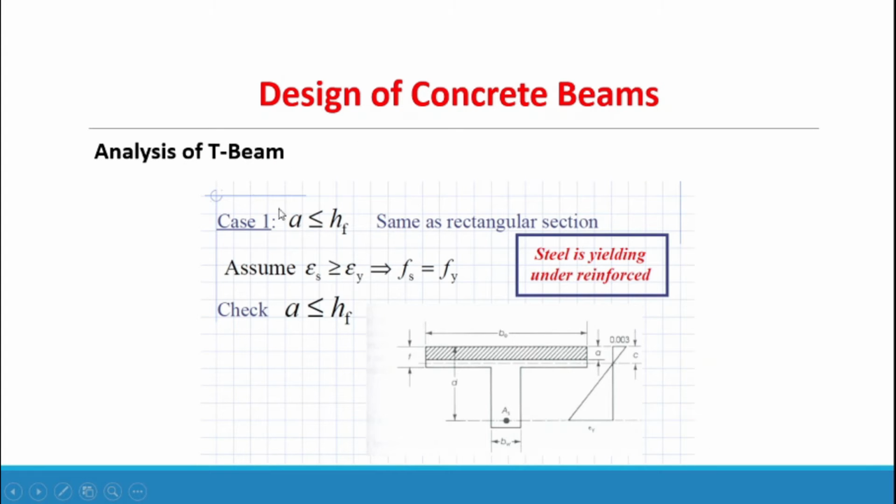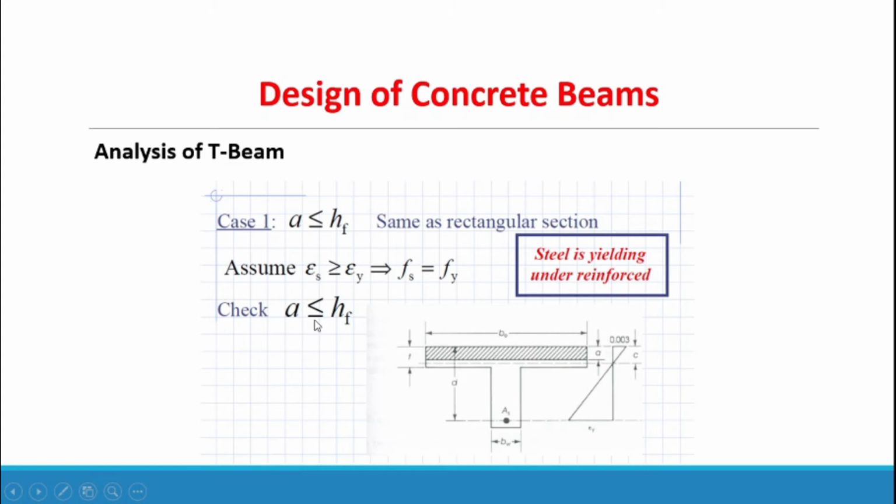For analysis of a T-beam, we have case 1. a is less than or equal to hf, or the height of the flange, same as a rectangular section. Steel is yielding, under-reinforced. Assume that the strain of steel is greater than or equal to the strain of yield, and fs, the steel stress, is equal to fy, or yield stress.